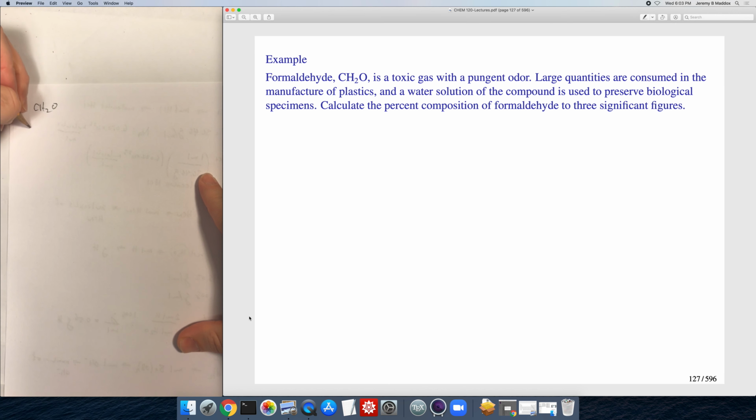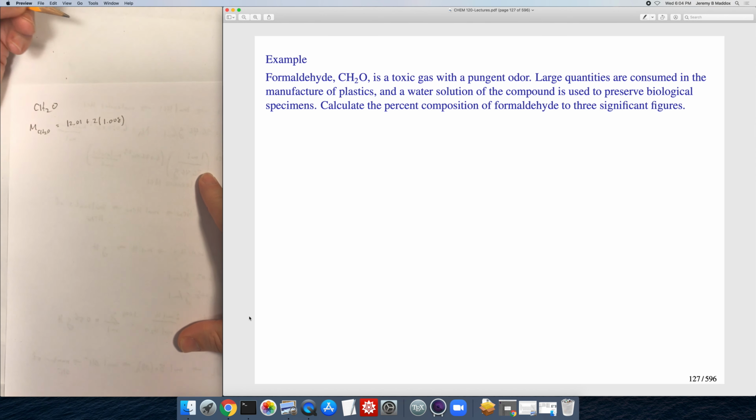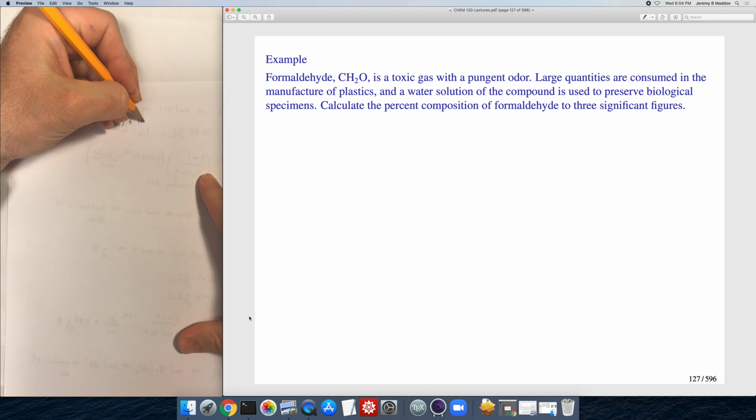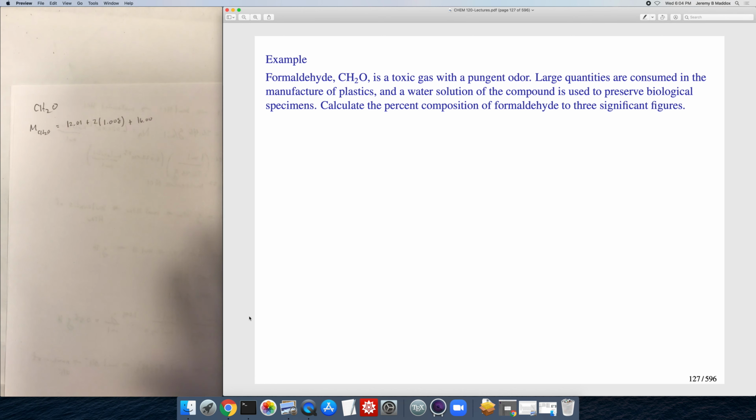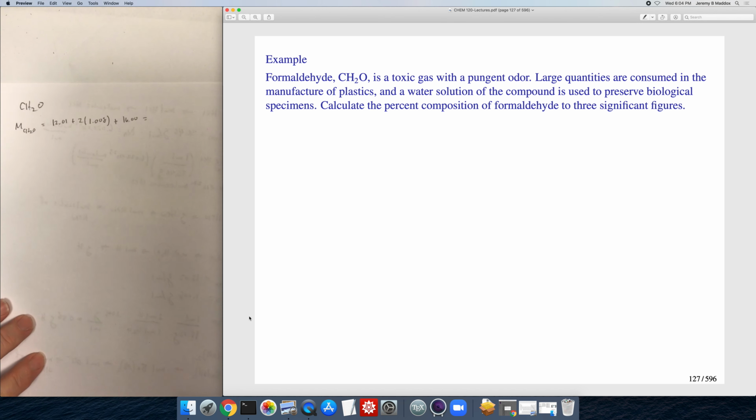And so we will need the molar mass of formaldehyde. That's going to be 12.01 for carbon, plus 2 times the atomic mass for hydrogen, plus, since there's one oxygen, the atomic mass of oxygen. So I'll go ahead and get that number very quickly.